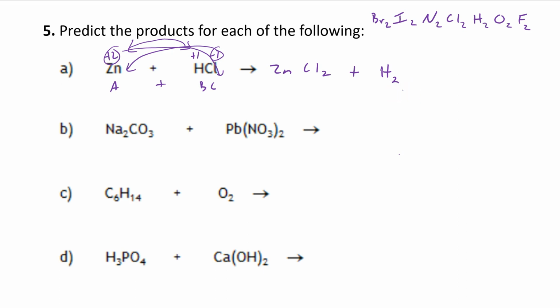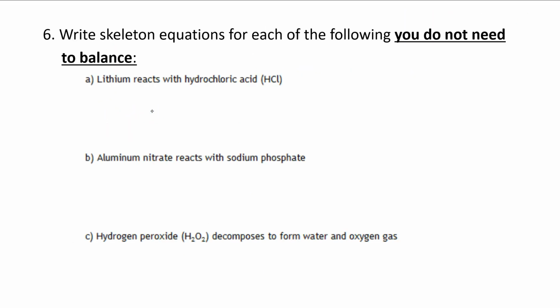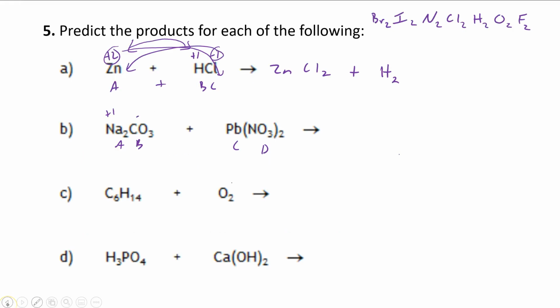Okay, next one. Looks like I've got an A, B, C, D. Sodium being a +1, carbonate being a -2. Sorry about that, -2. In this case, lead being a +2, nitrate being a -1. And all I'm going to do is swap my cations, so my A and my C are going to swap places, but I need to then write the formulas correctly.